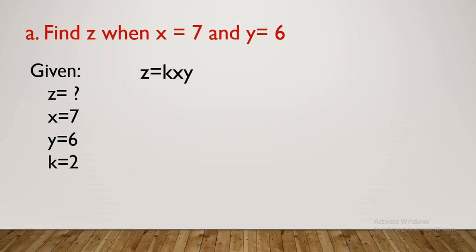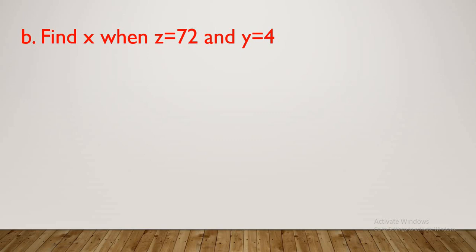From the equation Z is equal to KXY, we will substitute the values. K is 2, X is 7, and Y is 6. This is a very simple method because you just multiply the numbers. So 2 times 7 times 6 will give 84. So Z is equal to 84.